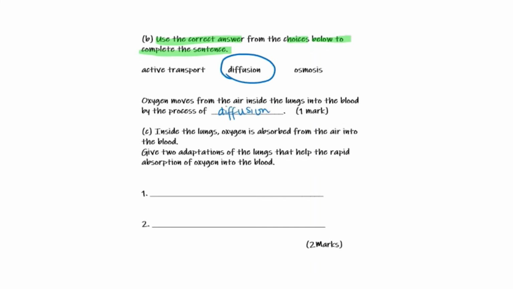And this is worth 1 mark. Part C, inside the lungs, oxygen is absorbed from the air into the blood. Give 2 adaptations of the lungs that help the rapid absorption of oxygen into the blood. This is worth 2 marks.